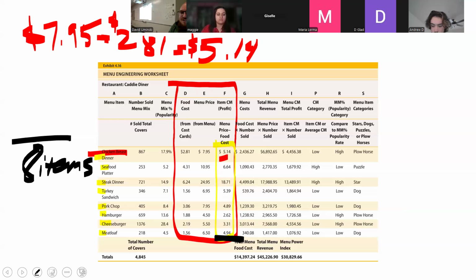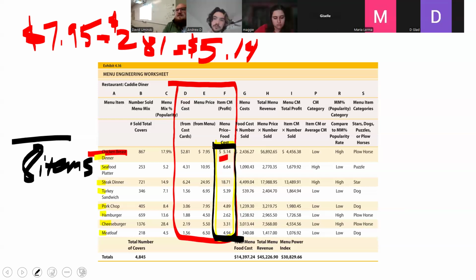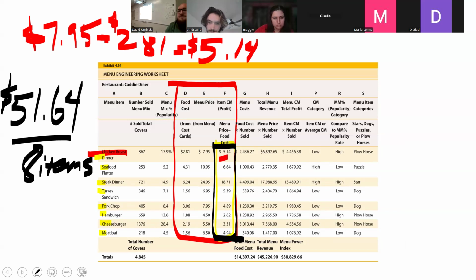We add up all of column F. We add up all of these. What do we get? What's the total dollar amount? We add them all up. So it's 514. Sorry, I'm not sure if you can read it or not. It is kind of small. 51.64. Yes. Awesome. Thank you, Andrew. So I add up all of these numbers.